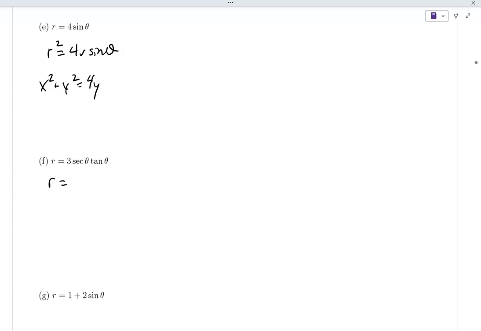what's secant the same thing as? 1 over cosine, right? So I can write that as 3 tangent theta over cosine theta. Multiply both sides by cosine theta to get r cosine theta equals 3 tangent theta.